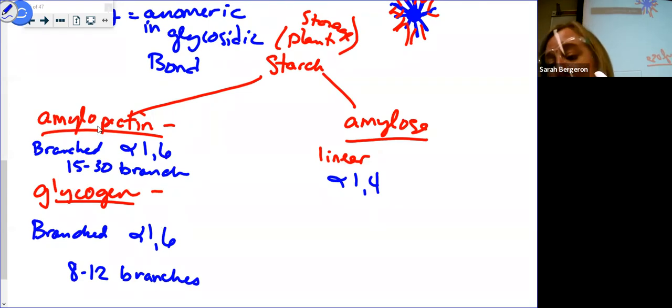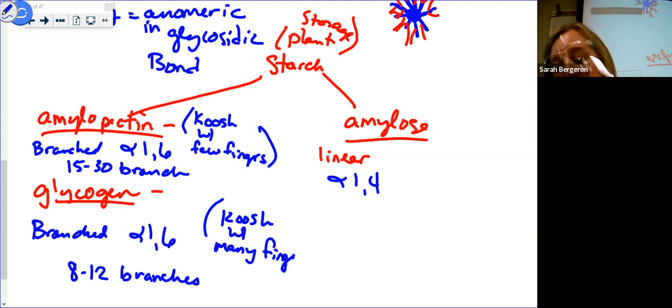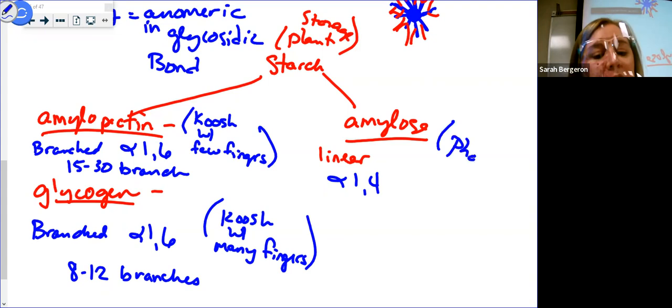Amylopectin is the Kush ball with few fingers, I'll call them fingers, and glycogen is the Kush ball with many fingers. Just to give you a visualization. And then the amylose is the phone cord.